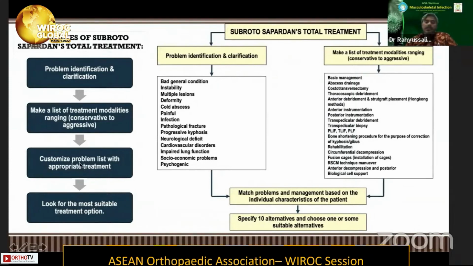Many doctors, many spine surgeons for example, should do these steps: identification of the problem, clarification, make a list, customize the problem list, make appropriate treatment and look for the suitable treatment.